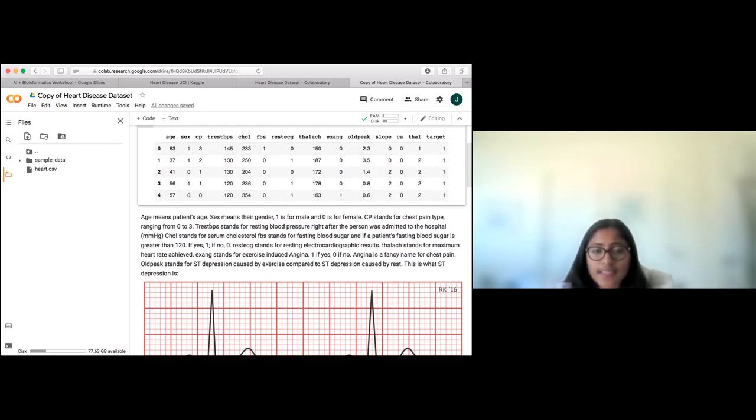TRESTBPS stands for resting blood pressure right after the person was admitted to the hospital, and that's in millimeters of mercury. CHOL stands for serum cholesterol level. And then FBS stands for fasting blood sugar. If a person's fasting blood sugar is greater than 120, then they get a 1. If no, then they get a 0.